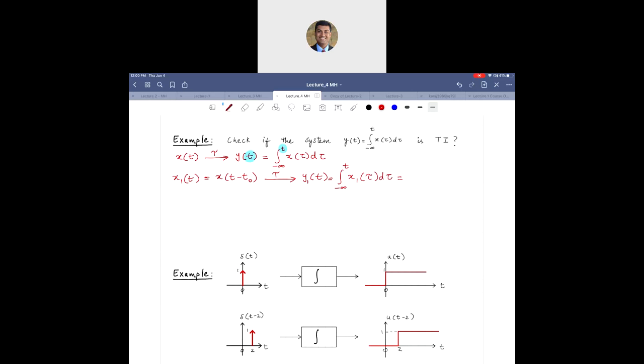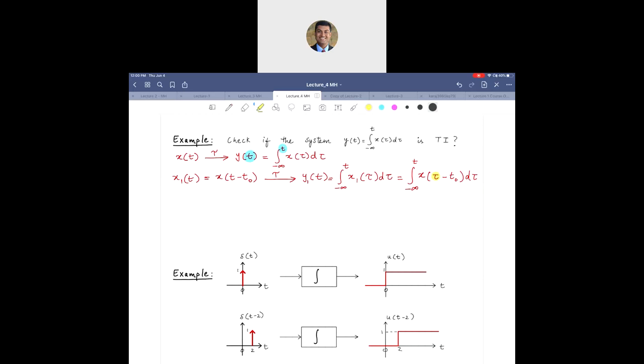This can be written as integration from negative infinity to t of x of... x1 is what? t minus t0. So this should be tau minus t0 d tau. Now, one thing that could lead to confusion is, why is that tau?